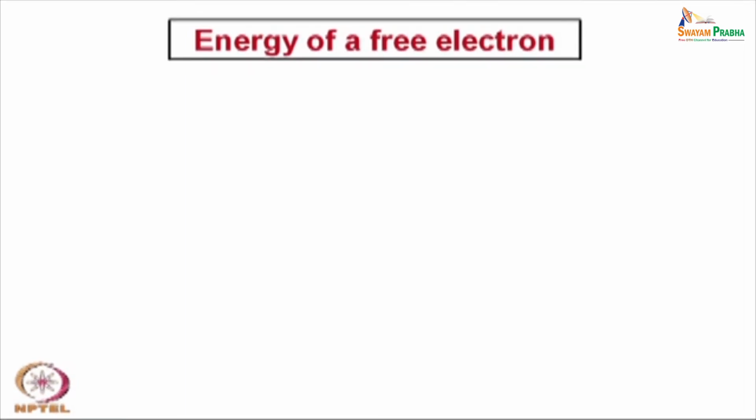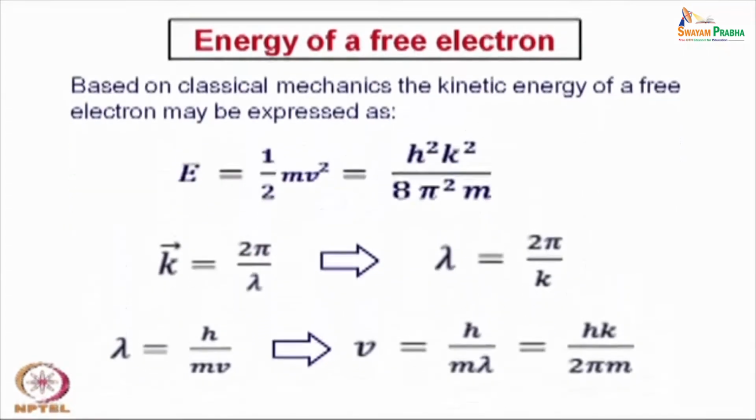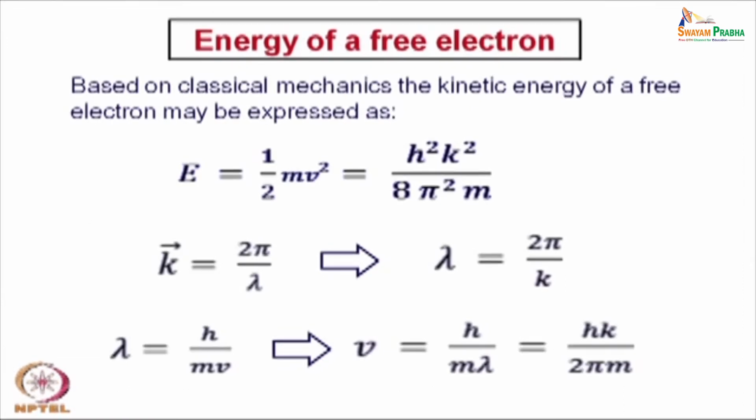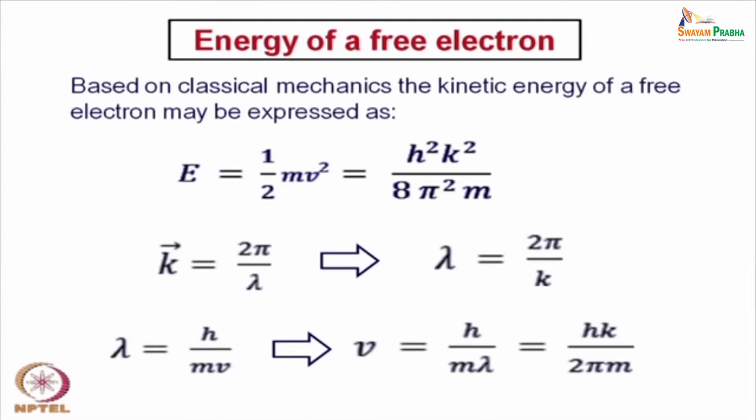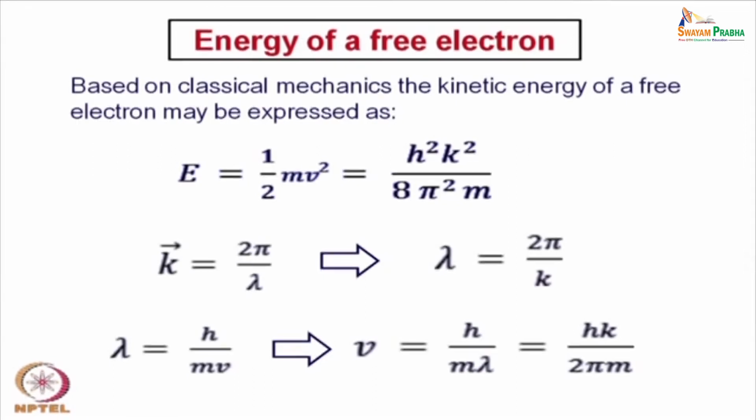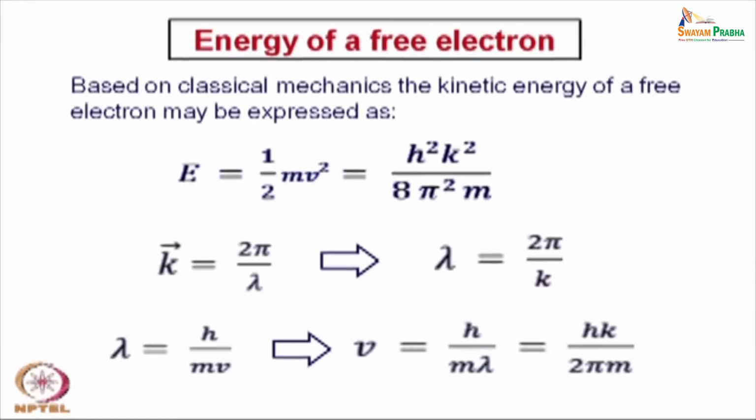Under this condition, without going into the details of the calculation, one can find out the energy of the free electron if we introduce this de Broglie concept, and also we have a constant potential in which it is moving, and an energy barrier at the end of the solid in which it is there.